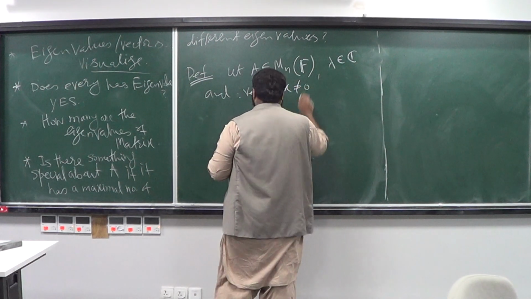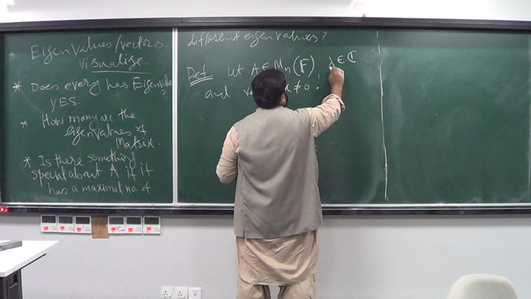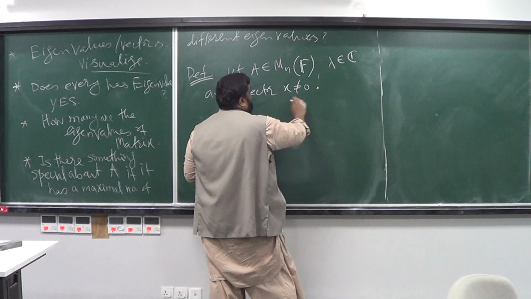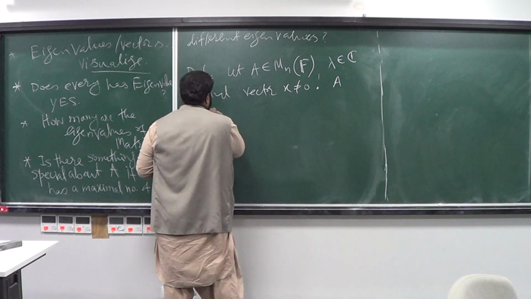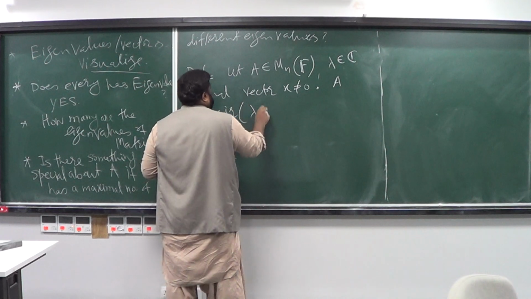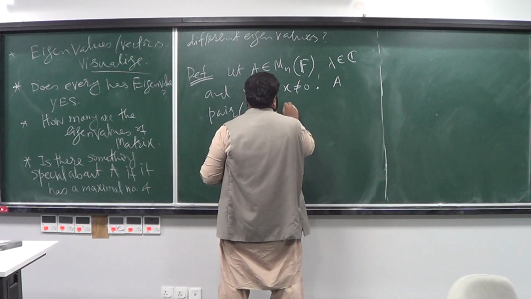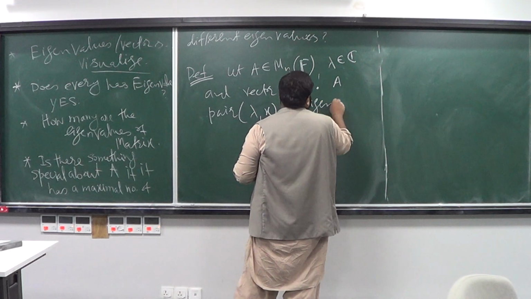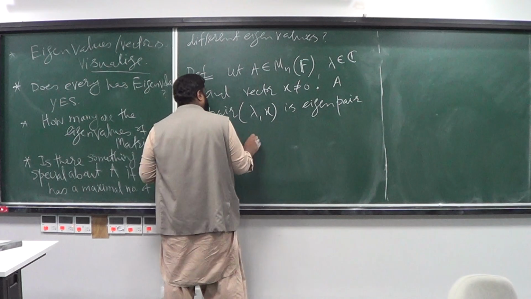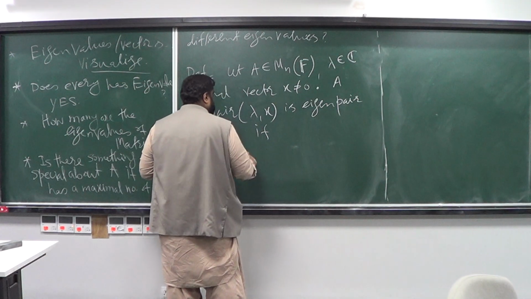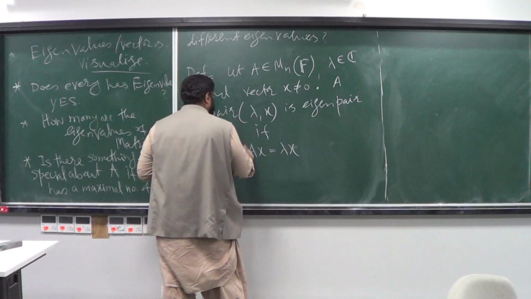We're going to say that a pair (lambda, x) is an eigenpair of A if it satisfies the equation Ax = lambda x.